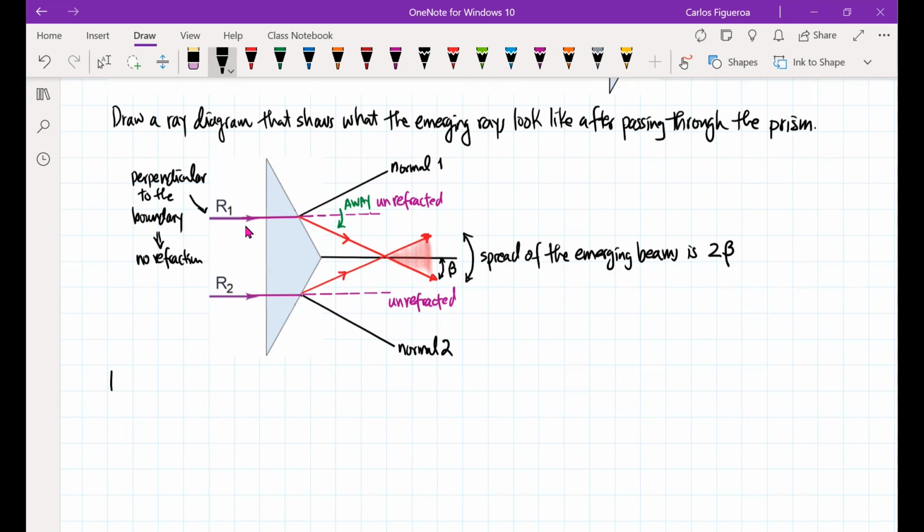So now I'm going to look at the refraction of ray R1.